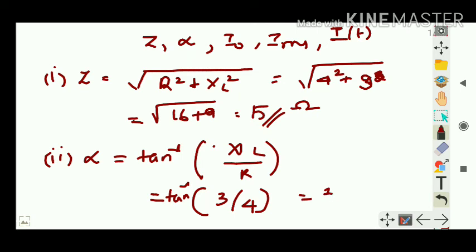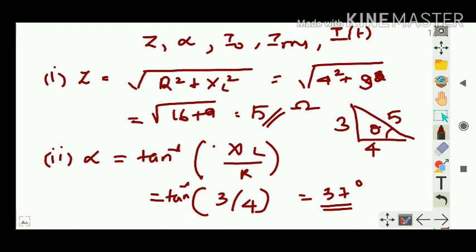That angle is 37 degree. I have taught it. If you have a triangle like this, this is 3, this is 4, this is 5, then this angle is 37 degree. If this becomes 4, this becomes 3, then the angle is 53 degree. That also I have taught.